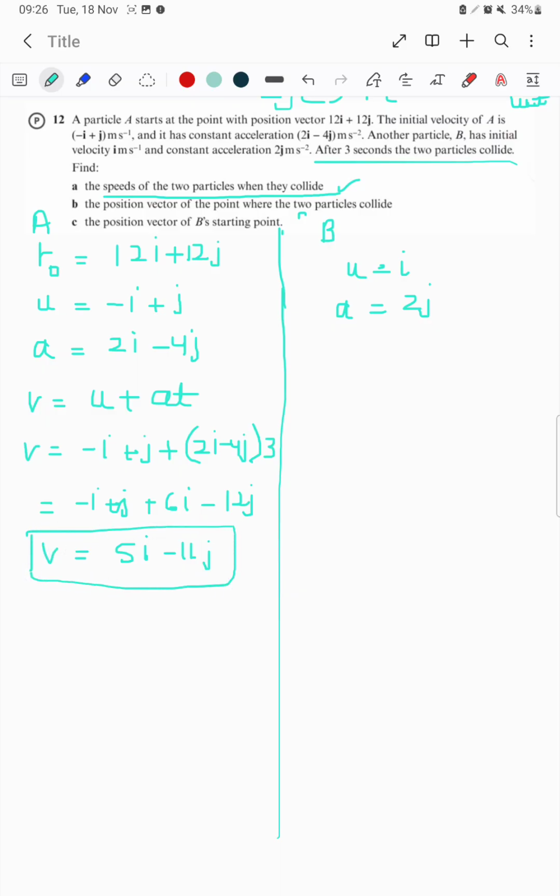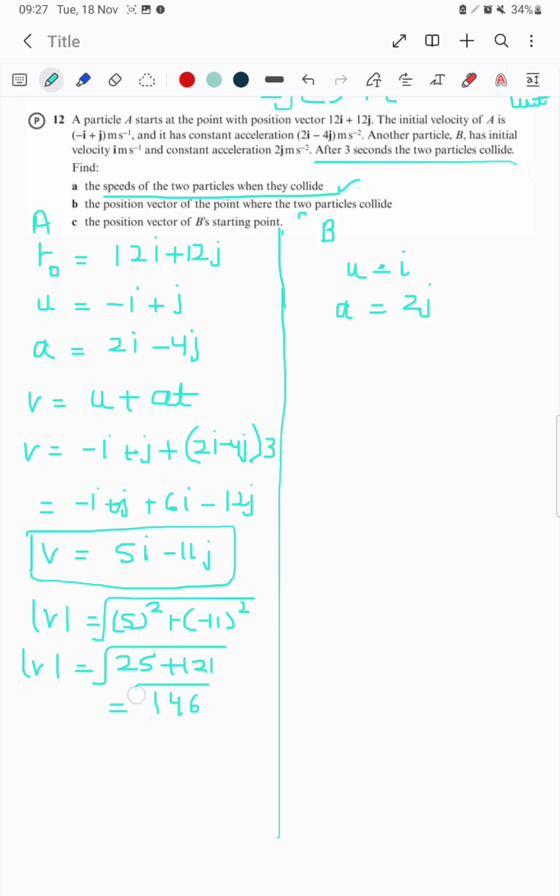So for the speed, you need to take the magnitude. So speed is equal to the square root of 25 plus 121, and that is square root of 146 units, or you can say meters per second. Then we have to find the speed in this case also.